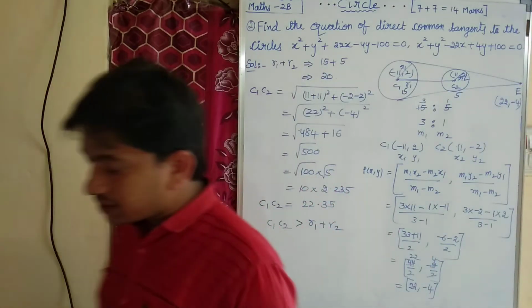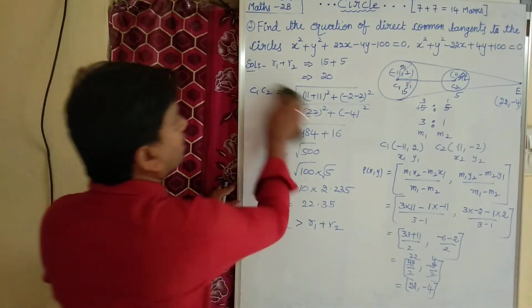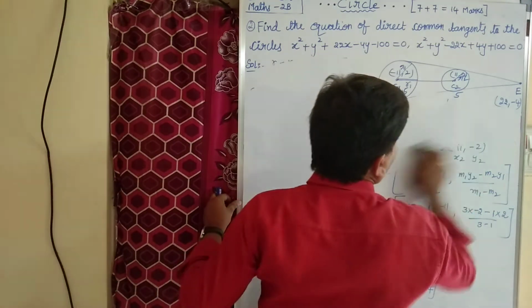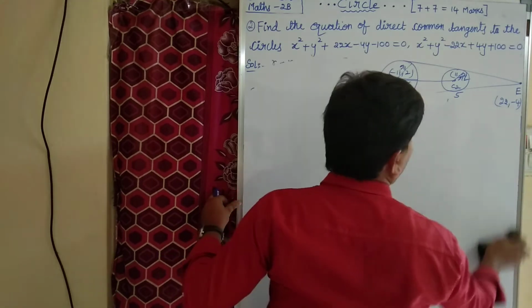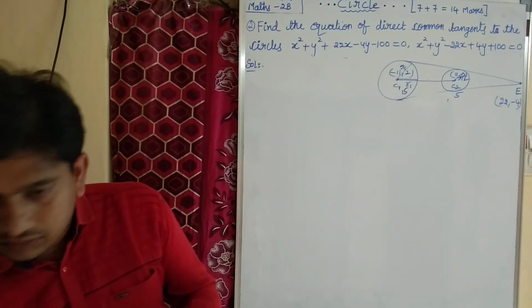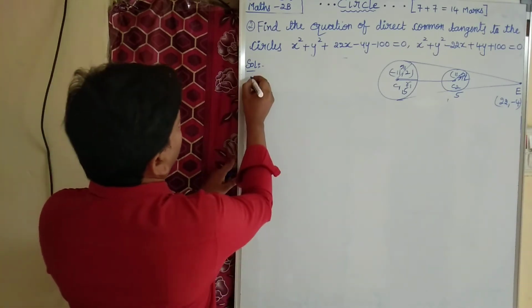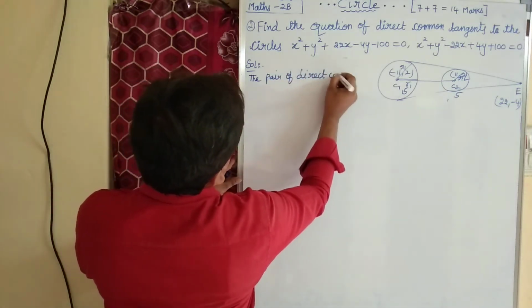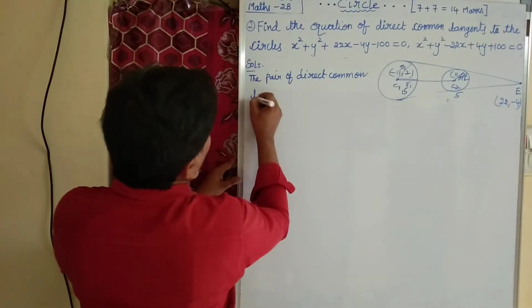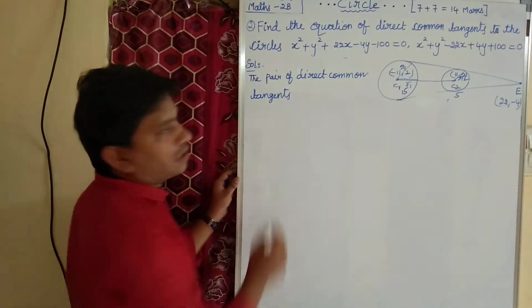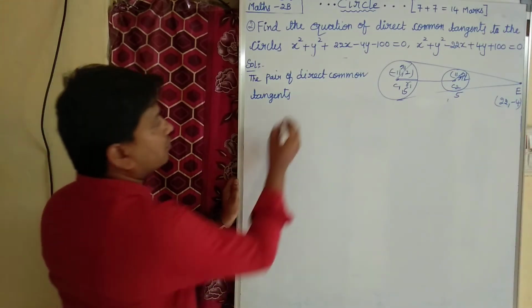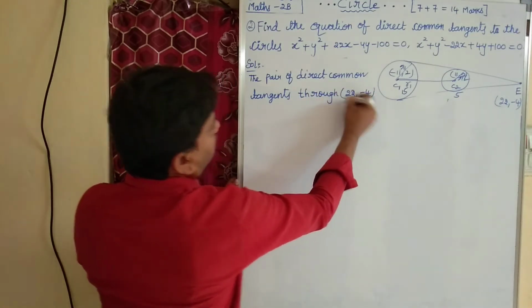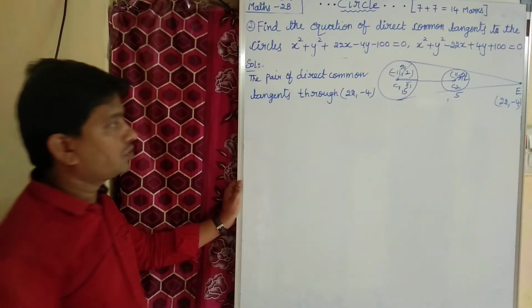But actually what they are asking is the pair of direct common tangents. Okay, let us find the pair of direct common tangents through A, through 22 comma minus 4, to the circle.